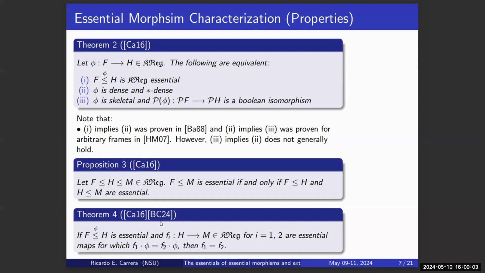The one that Papi and I gave in a recent paper doesn't make use of the maximal essential extension, which I'm going to talk about, which this one does. This is purely intrinsic to these two frames, and you can just show it based on the properties of the skeletal feature of the maps and the representation of the frames with regard to their polars that I was alluding to.